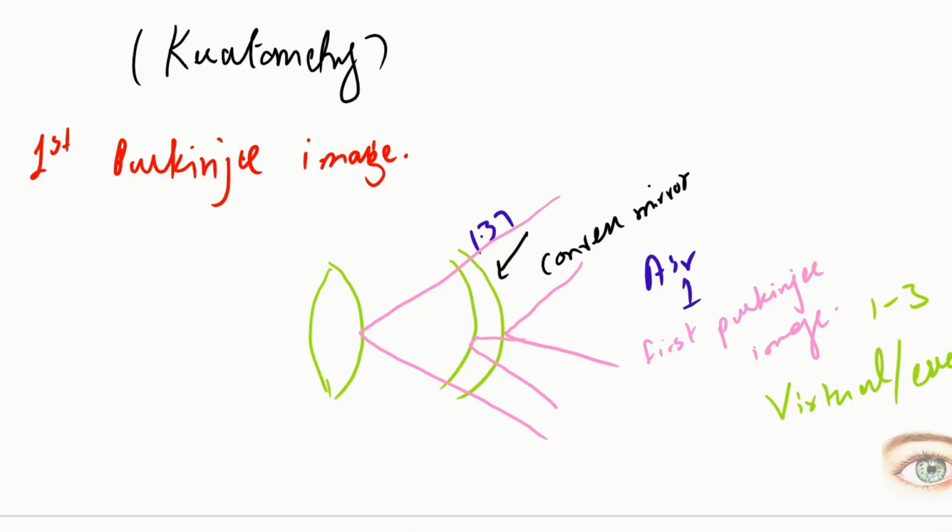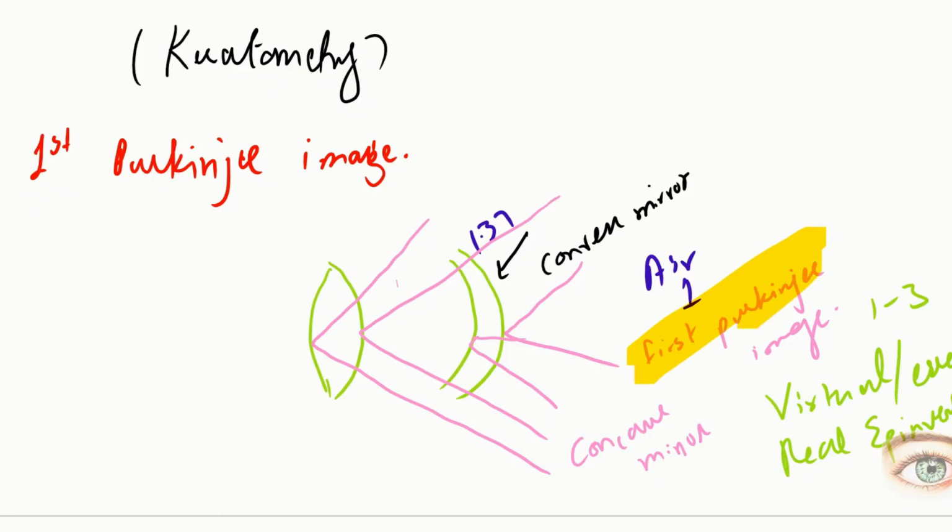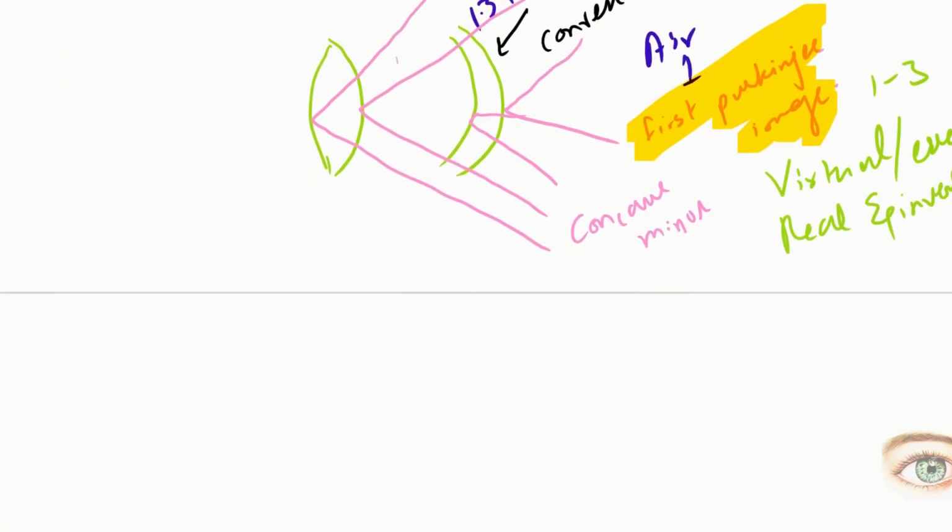Now, because the fourth surface, which is the posterior surface of the lens, with respect to the direction of light, acts as a concave mirror, the fourth Purkinje image is going to be real and inverted, right? Now, our concern is with the first Purkinje image because it is going to give us insight about the corneal curvature.